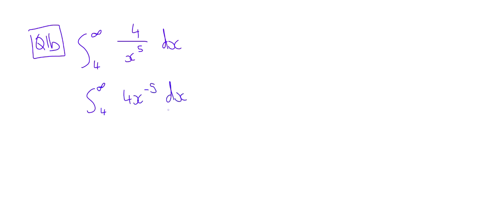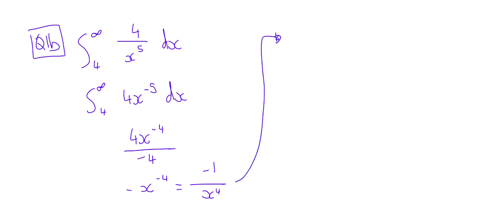So let's integrate now: change the power, add 1, divide by the new power, which gives us negative x to the power of -4, which gives us -1 over x to the power of 4. All right, so this is our integral. So now what we're going to do is say what happens when we plug in these values.